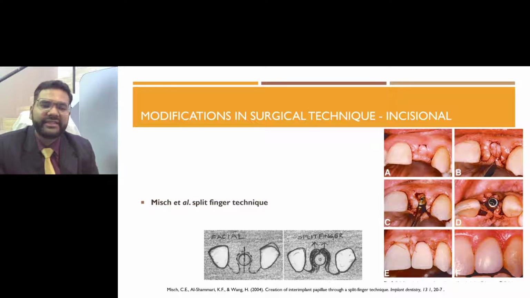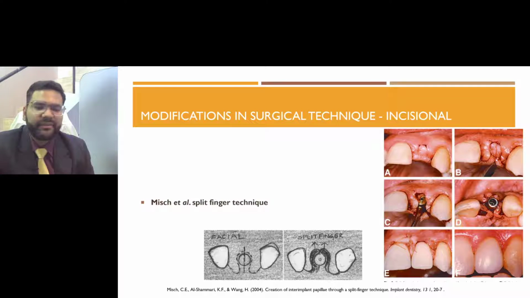Then we have the Mish et al.'s split finger technique. It comprises a circular incision made 2 to 3 mm to the palatal side from each tooth, with a loop design at least 2 to 2.5 millimeters adjacent to the implant location. So this is a loop design here. The incision would be joined facially by a semicircular incision at the pre-planned tissue margin, as has been done here.